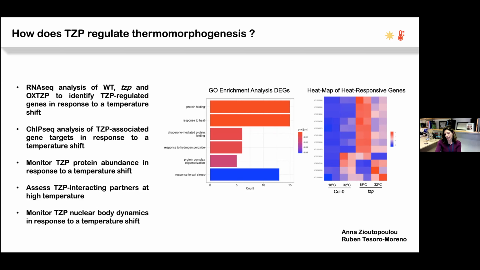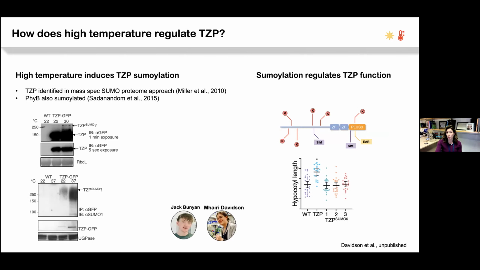So again, this is very interesting because this could have potential applications in terms of thermotolerance if indeed TZP plays a role in protecting plants from high temperature. And also we know that TZP can be sumoylated, in particular in response to high temperature, and trying to understand how this process could affect the function of TZP is something we're currently working on.